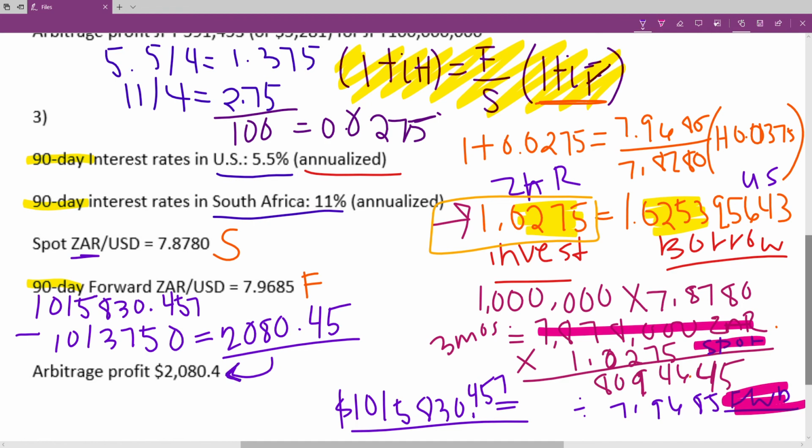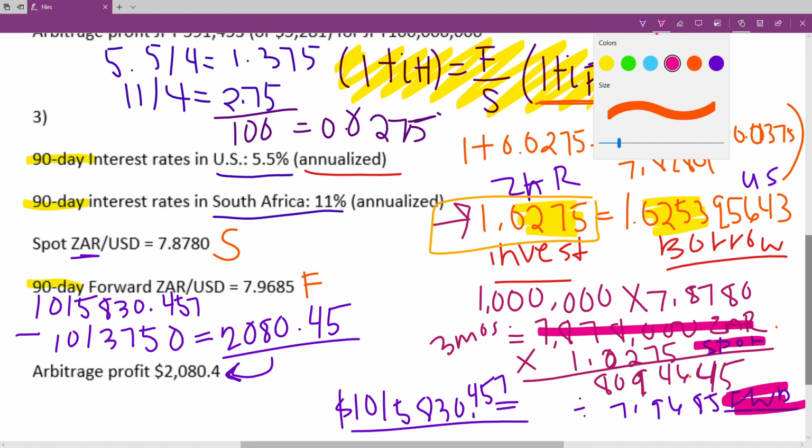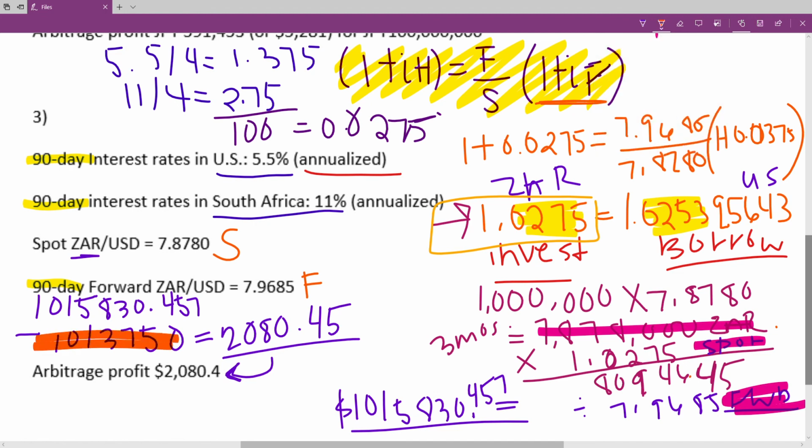Now let me explain how I got this number, because that's what you might be wondering right now. This number is very simple. It's 1 million times the interest rate that the US is charging, which is here. So this is the US. That's the interest rate the US is charging.